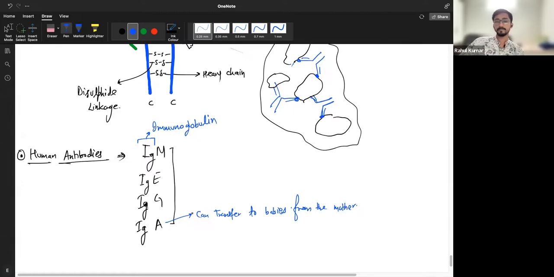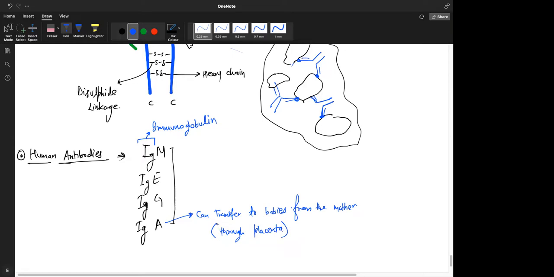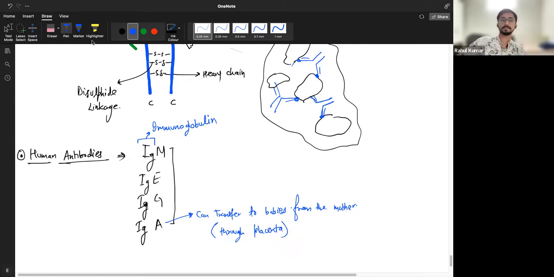And how can this transfer happen? Through the placenta and colostrum.